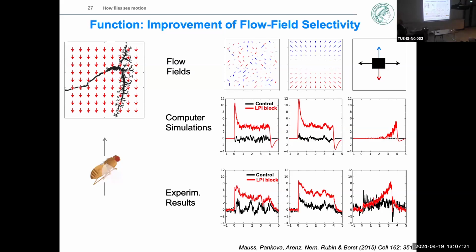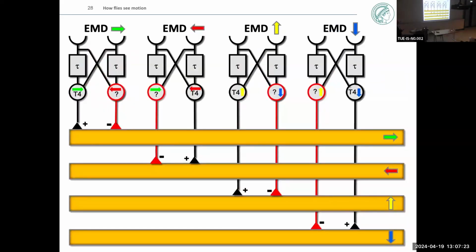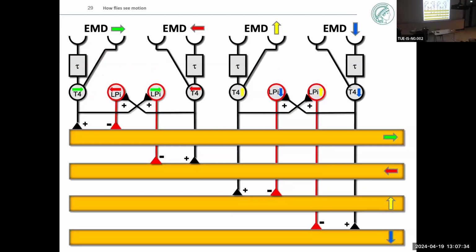Now, going back to the final scheme, this is how we imagined it before, asking about these hypothetical inhibitory twins. They don't exist. What's going on is that each T4 and T5 cell makes synapses onto these inhibitory interneurons, which then take the signal to the adjacent layer of the lobular plate. This is how it's built.